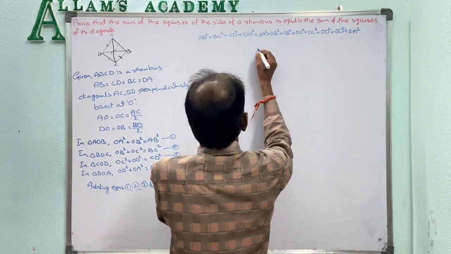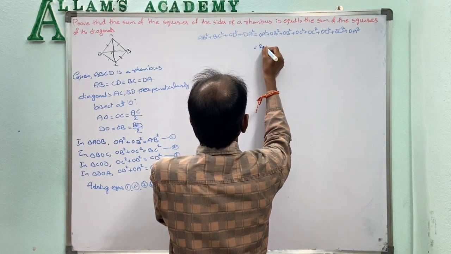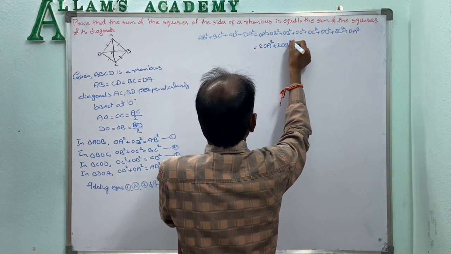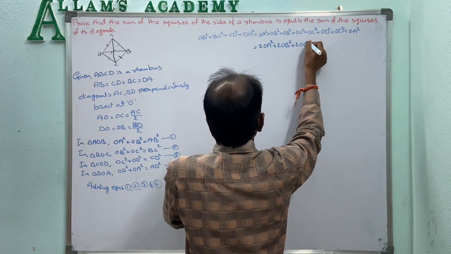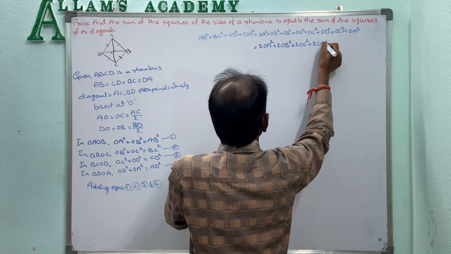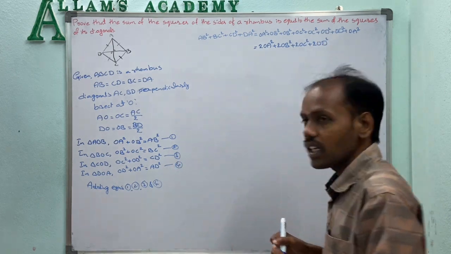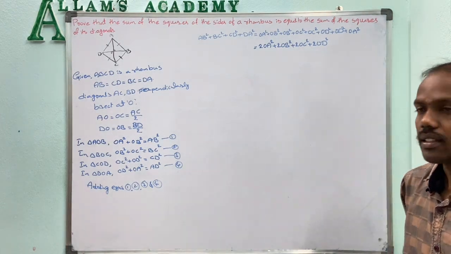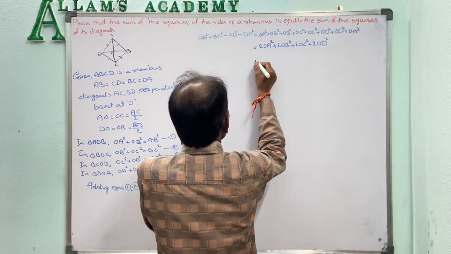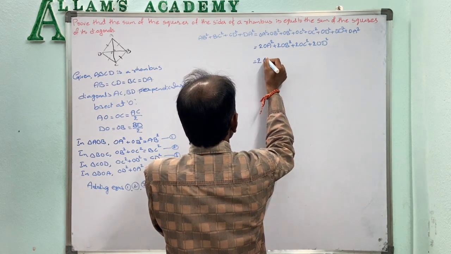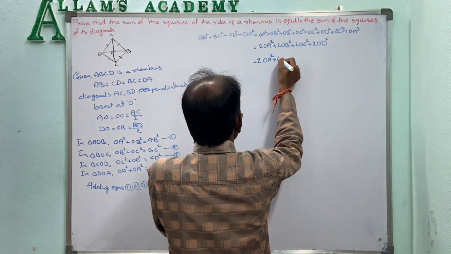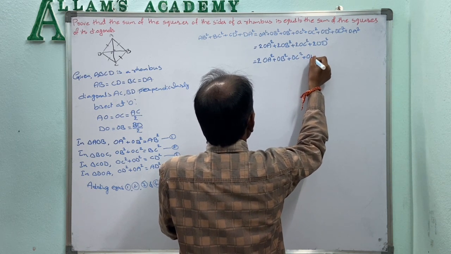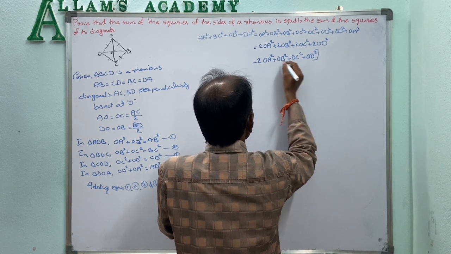So if you add, that is nothing but 2 OA square plus 2 OB square plus 2 OC square plus 2 OD square. Now here all have 2 as the common number, so 2 taken as common: 2 into OA square plus OB square plus OC square plus OD square.